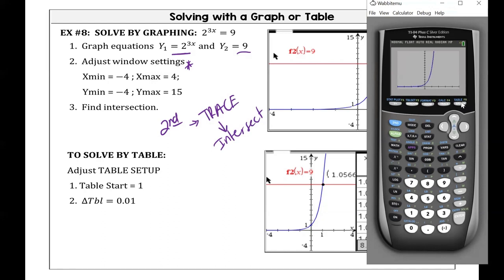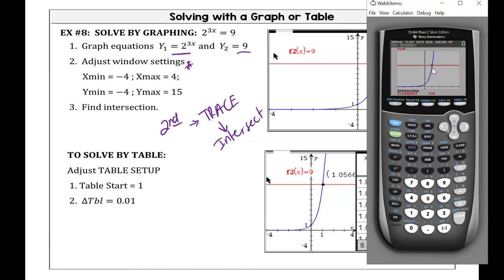So there's my exponential. And then here comes my constant, and I want to find their intersection. So I'm going to press second, trace, and then you see where it says intersect. I'm going to press 5. And it's like, is this your first curve? Yes. Is this your second curve? Yes. Do you really want to know? Yes. And you hit enter, and it tells you. So it tells you right here. Boom, there you go.